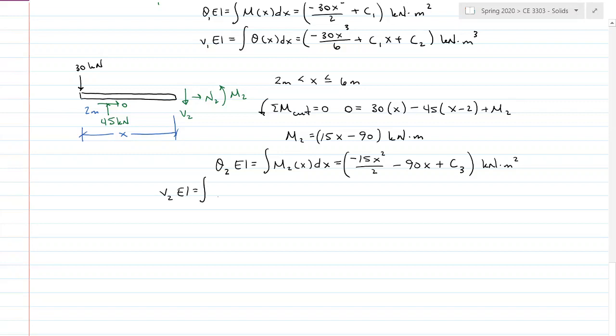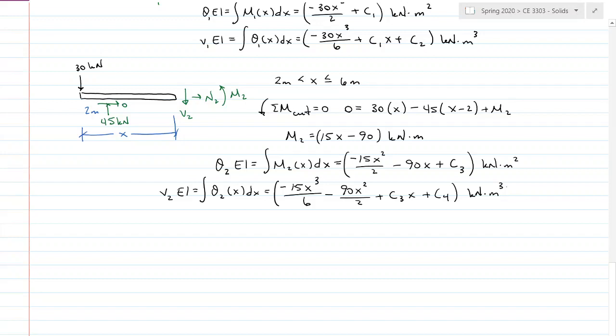EI v is equal to the integral of my slope, which is negative 15x cubed divided by 6 minus 90x squared divided by 2 plus C3x plus C4, boom. Just kidding. Kilonewton meters cubed.